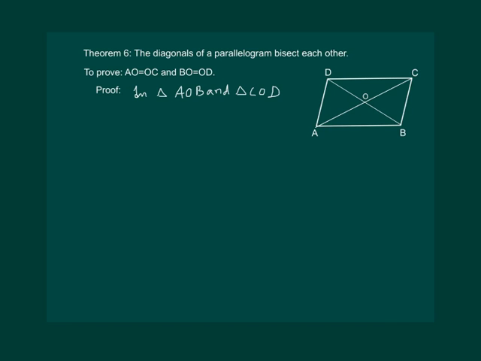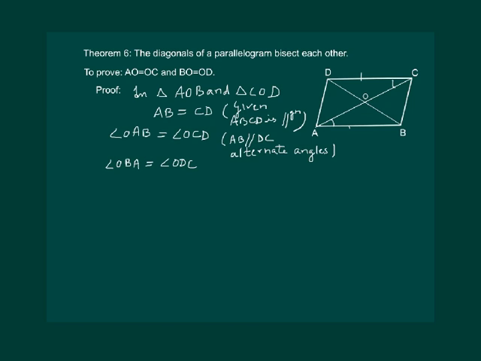Let us prove it. In triangle AOB and COD, AB equal to CD, as ABCD is a parallelogram. Angle OAB equal to angle OCD, as these are alternate angles, and for the same reason angle OBA is equal to angle ODC.